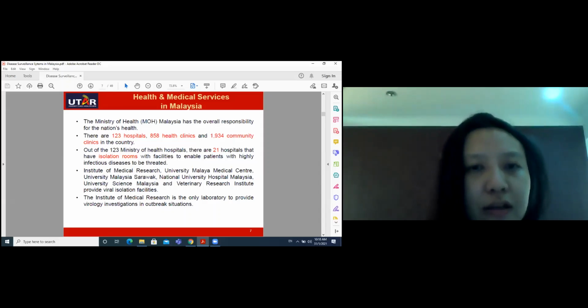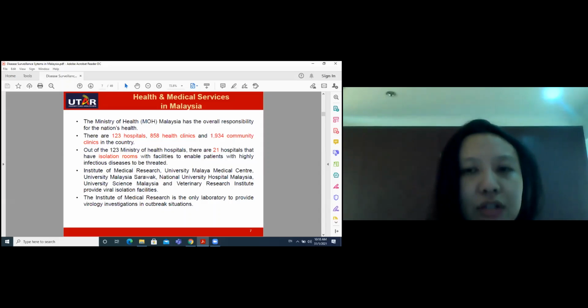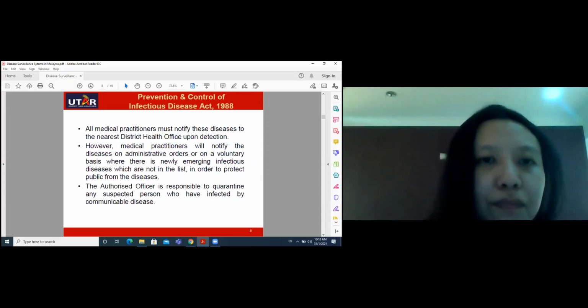It's only these few facilities that provide viral isolation. And the Institute of Medical Research, IMR, is the only laboratory to provide virology investigations in an emerging outbreak situation, for example, the current pandemic, COVID-19.